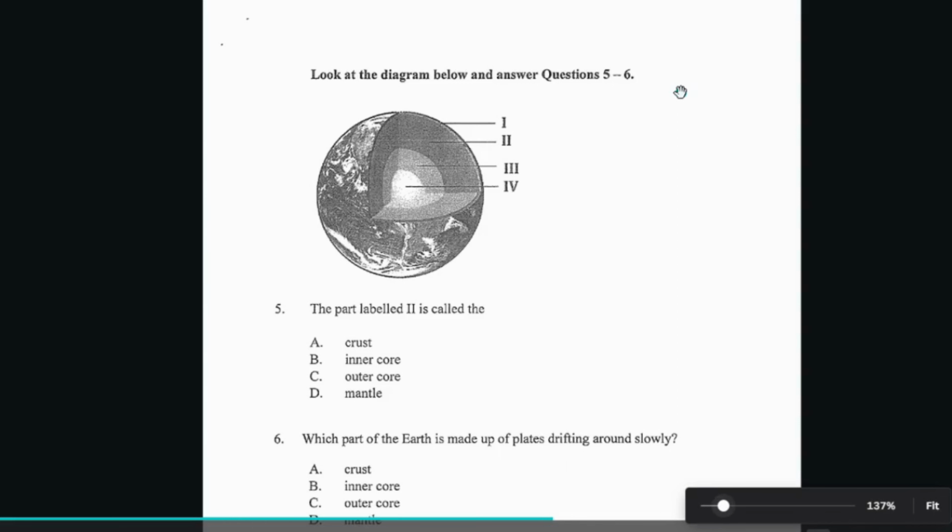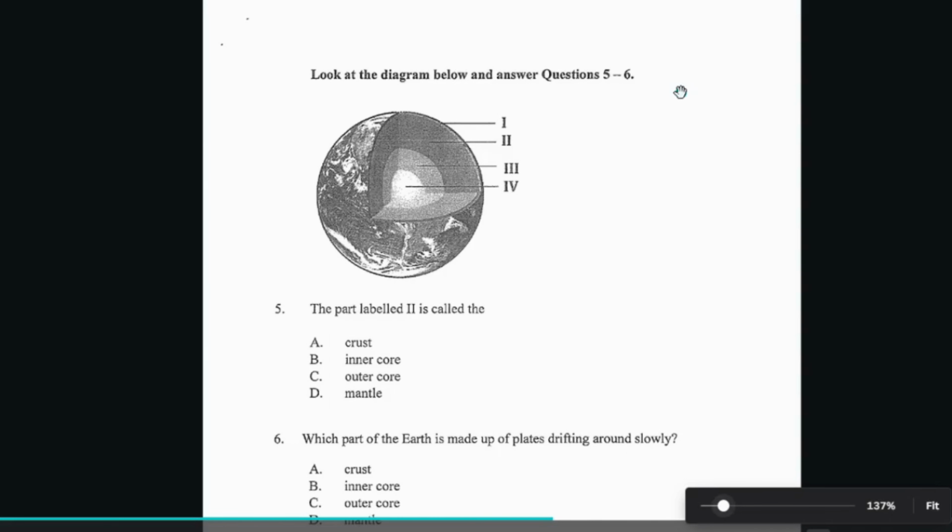We know that number 1 is the crust. So this area here, all of this is the crust. All this here, so that means we're actually on the crust. We know that number 2 is the mantle, right? This area here is the mantle, right here. All this is the mantle. We know that number 3 is the outer core.